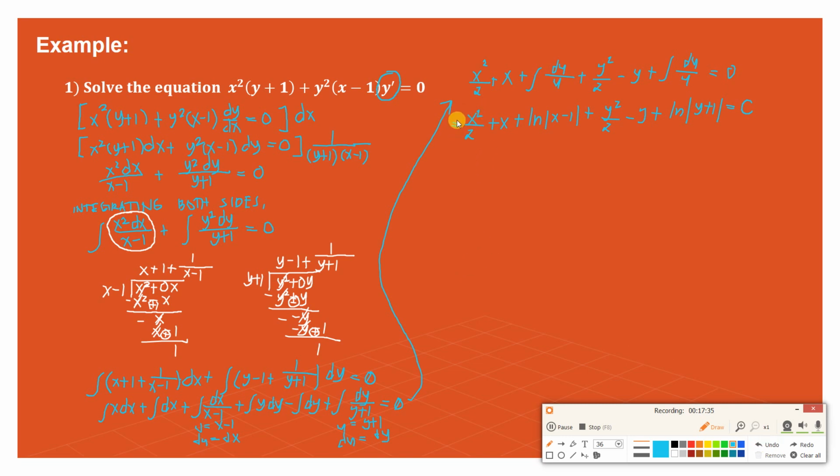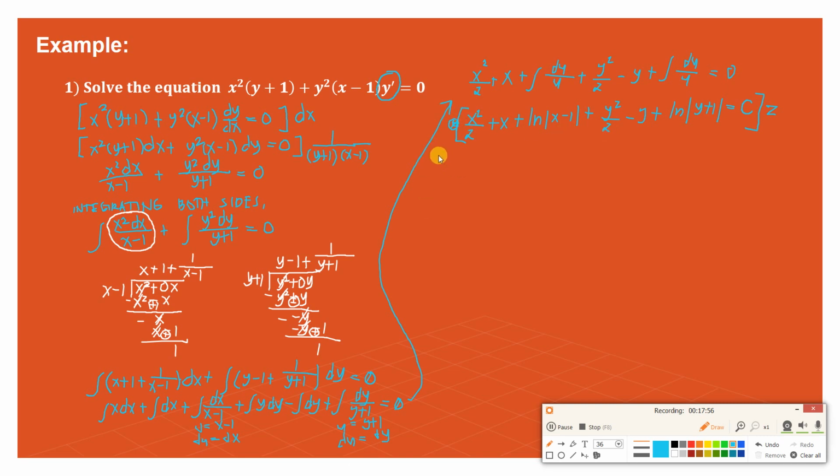Wala na to, ha? Wala na yan. Okay, so next, ayusin natin. So, gusto ko sa final answer laging maayos. If I'm going to multiply 2 para matanggal yung mga denominator.